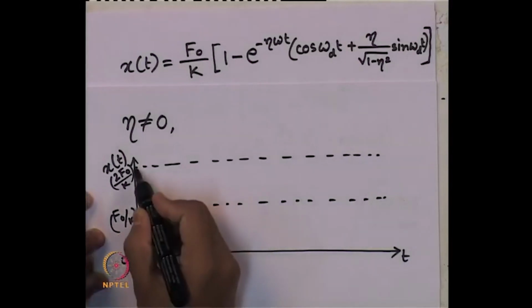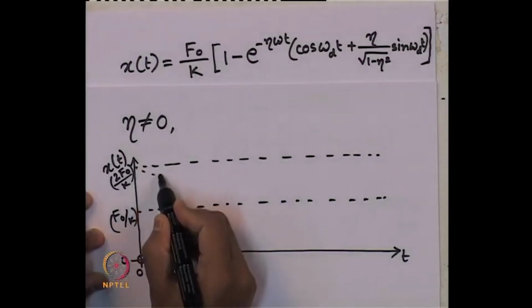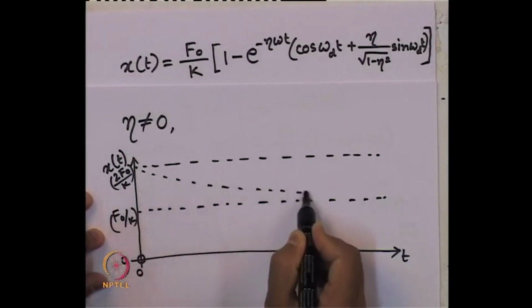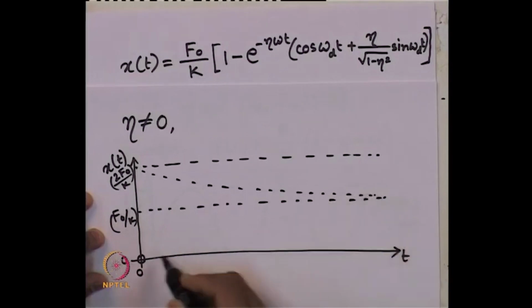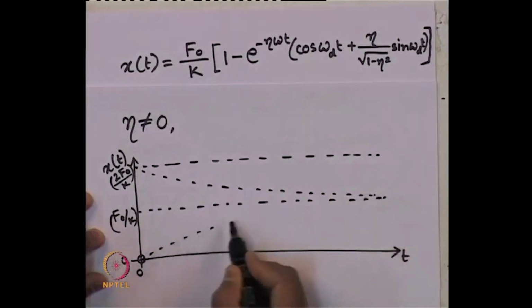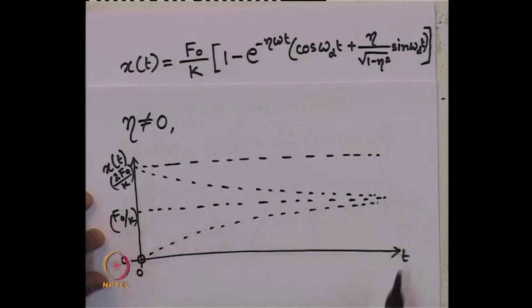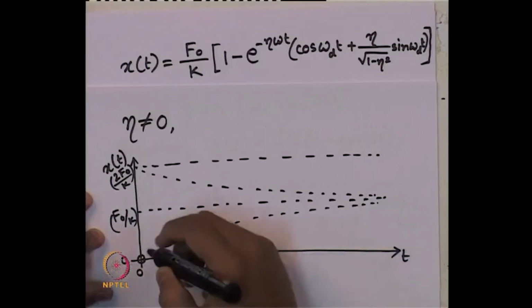So, if we want to draw the response, similar to what we have drawn earlier, only the baseline of oscillation has now changed. So, instead of the 0 baseline, it is now oscillating about the static displacement.